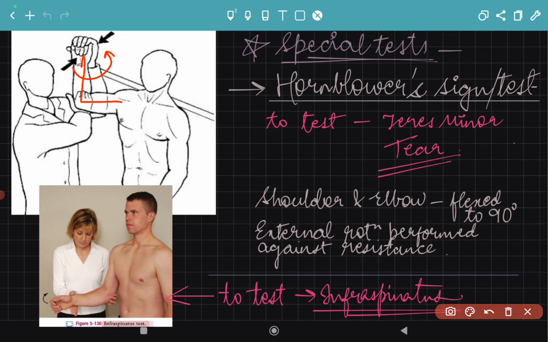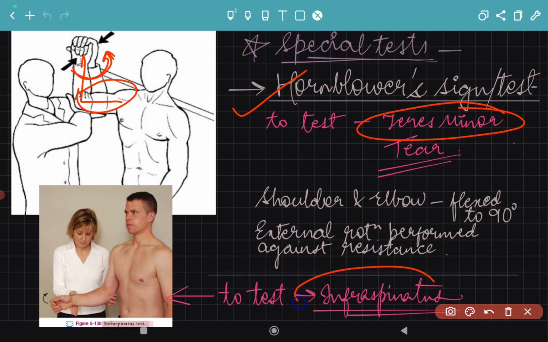If the patient is not able to perform external rotation in this position, that means there is something wrong with the teres minor muscle. We may conclude a tear of the teres minor muscle. So we can perform Hornblower's sign or test to know about the teres minor.